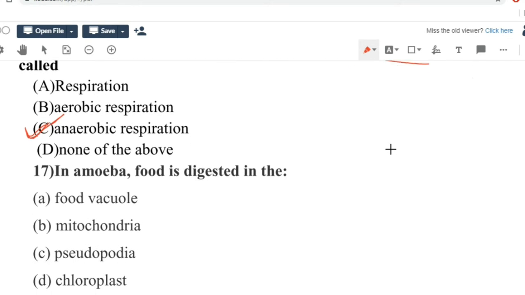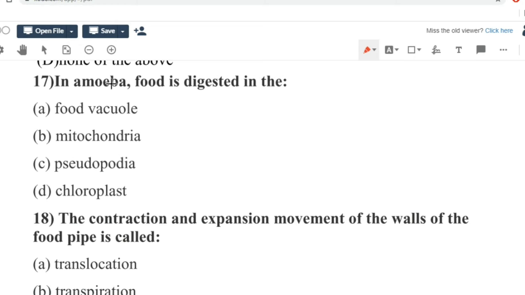Okay. Question number 17. In amoeba, food is digested in the... So in amoeba, we have something called the food vacuole. Okay. So this food vacuole is responsible for the digestion process.